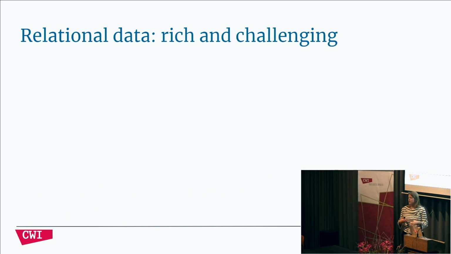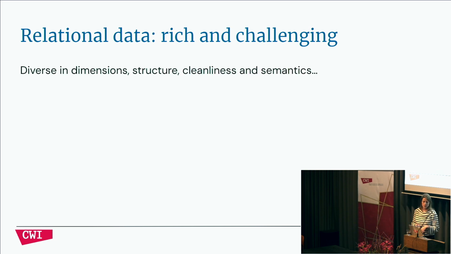But of course, I'm a researcher, and I also like interesting challenges. The nice thing about structured data is that it is super rich and challenging to work with, especially with neural networks. Tables come with such diversity when you consider, for example, the dimensions, so the number of columns, the number of rows, etc., but also in structure.